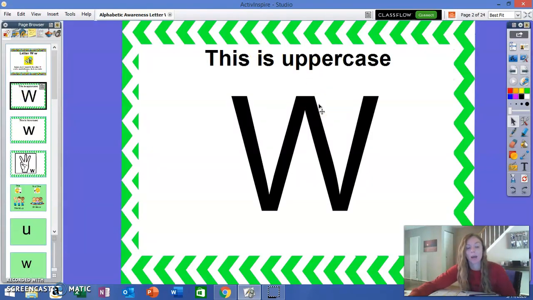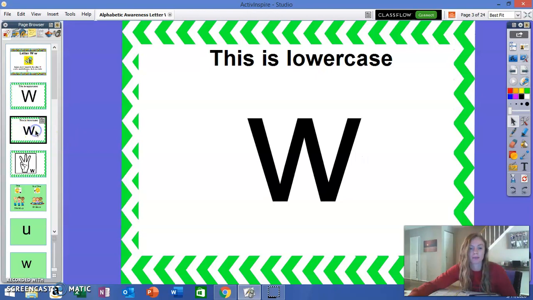This is an uppercase W, and an uppercase W has 1, 2, 3, 4 lines, and all of those lines are slightly slanted. So we have the first line slants down, and then the next goes up, the next down, and the next up. Let's look at what a lowercase w looks like.